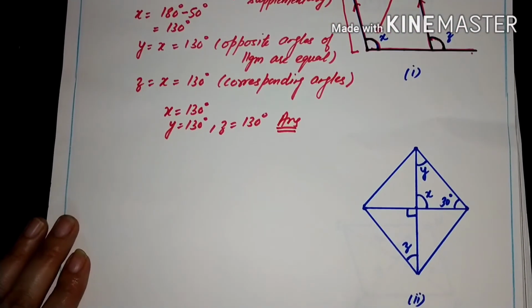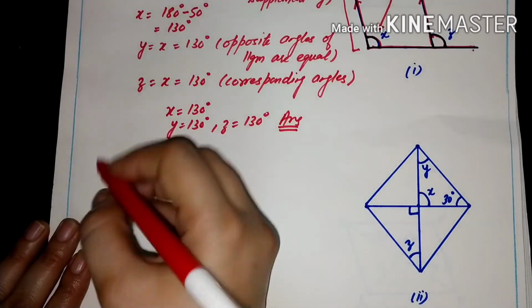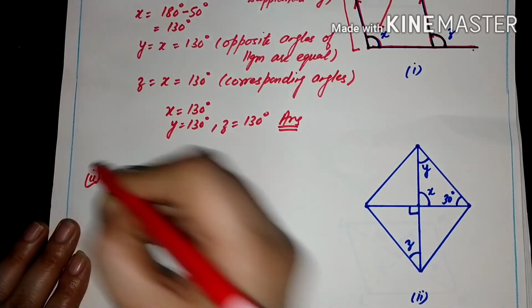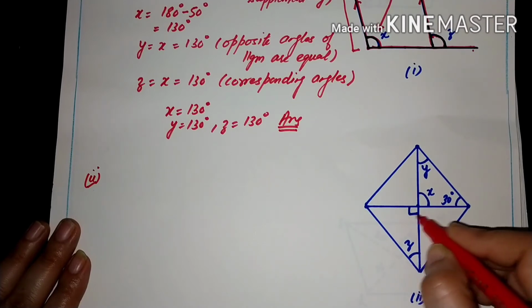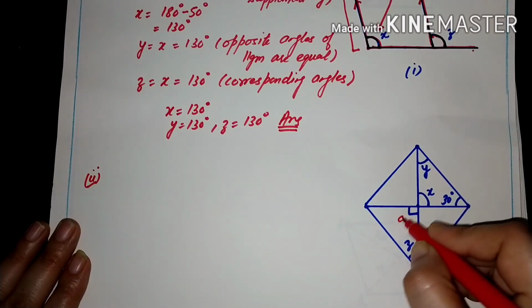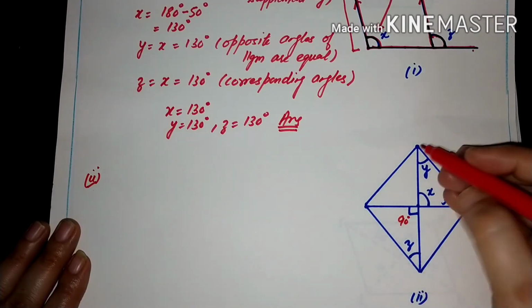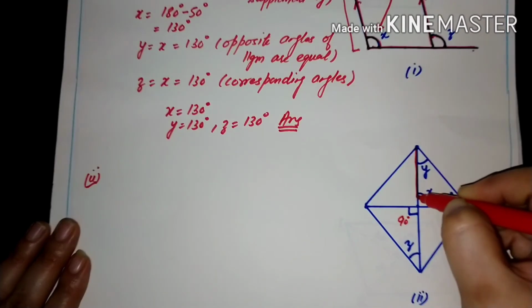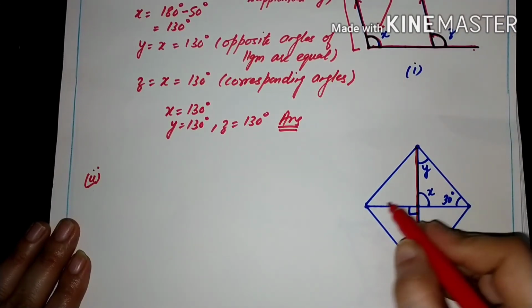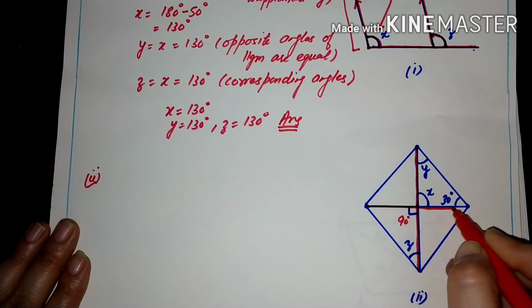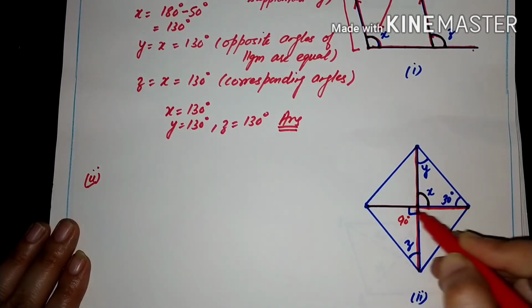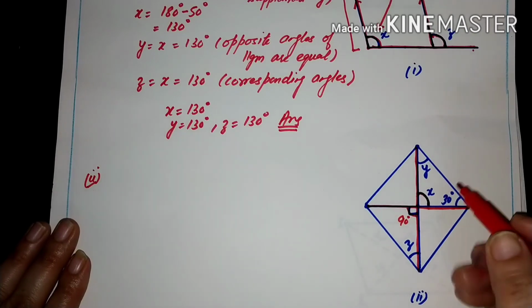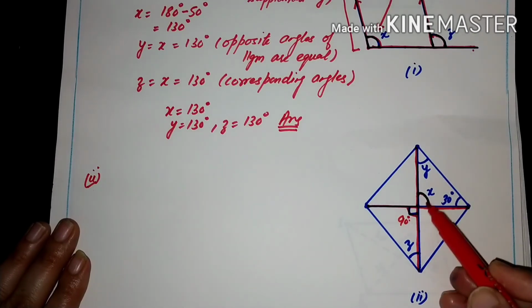Now let us see the second part. So it is also a parallelogram and here is a symbol of 90 degree, that means this angle is 90 degree. Now you can see that when two lines intersect each other, the angles formed in the opposite direction are called vertically opposite angles and they are always equal.